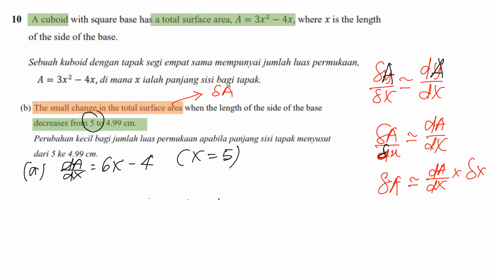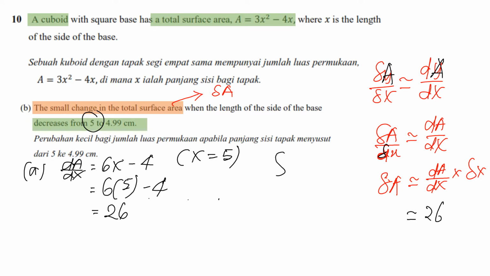It says that it decreases from 5 to 4.99. So you substitute x equals 5 into the equation: 6 times 5 minus 4. 6 times 5 is 30, 30 minus 4, you get 26. So you have this as the value of 26.